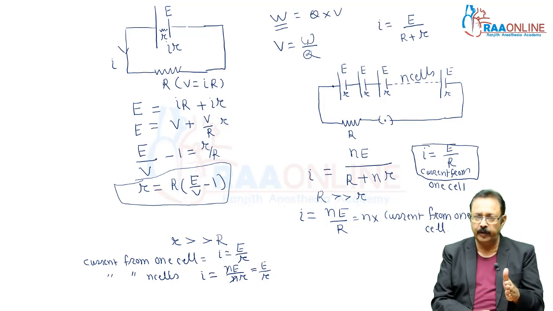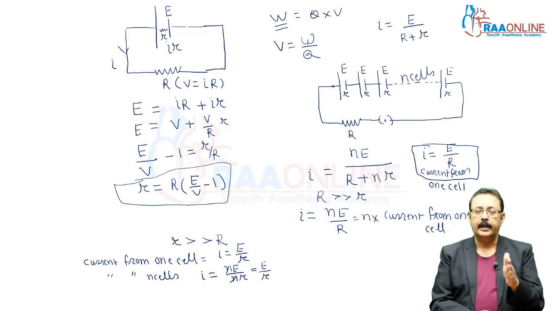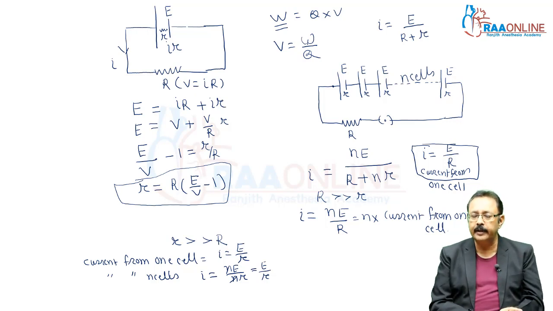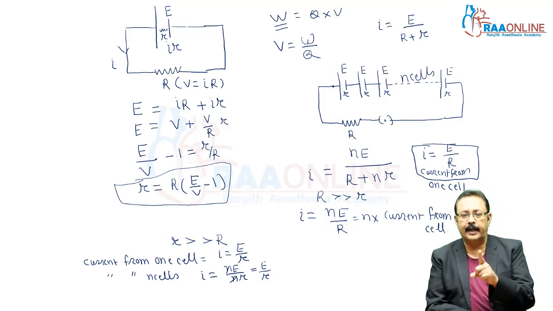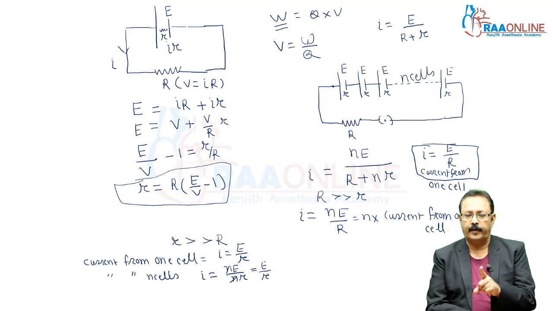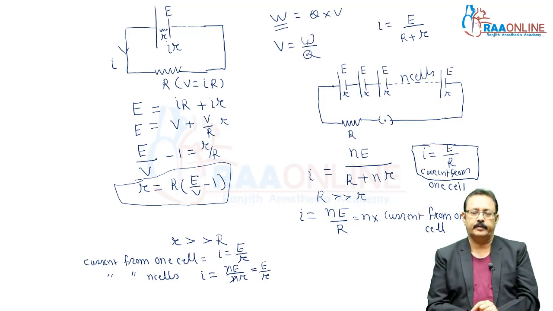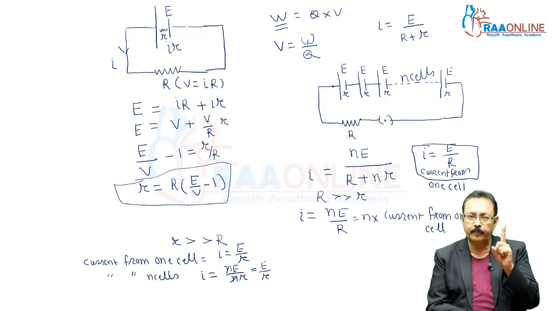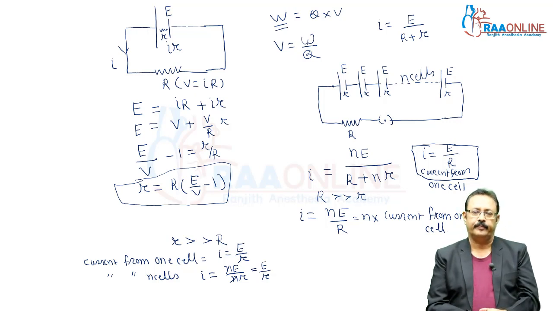It is useful only if the external resistance is very much greater than the internal resistance. So if the internal resistance is very much greater than the external resistance, don't use this combination. Then we will go for parallel combination.